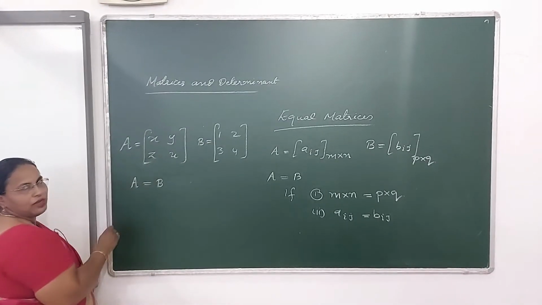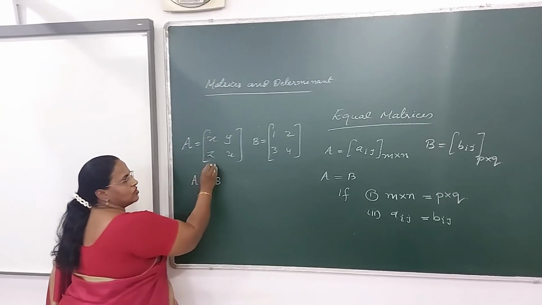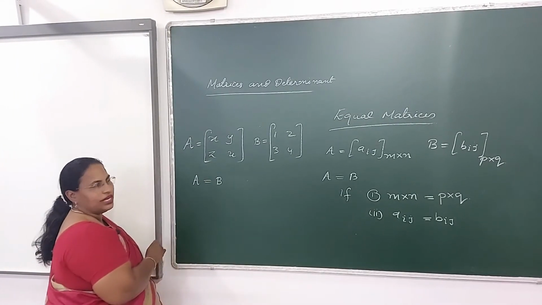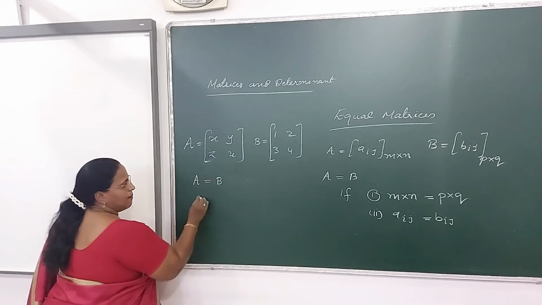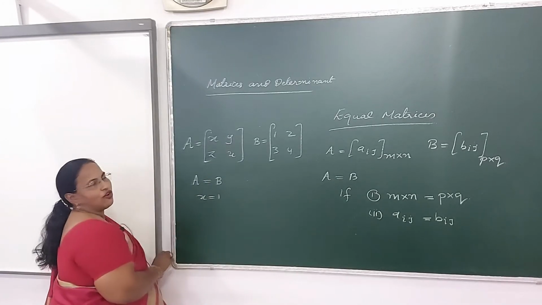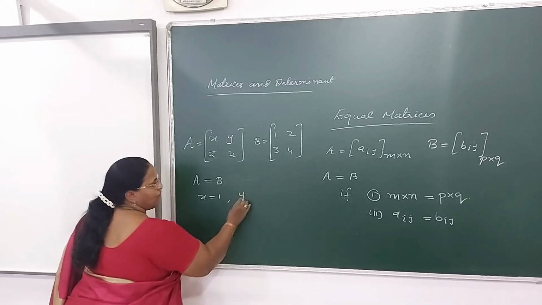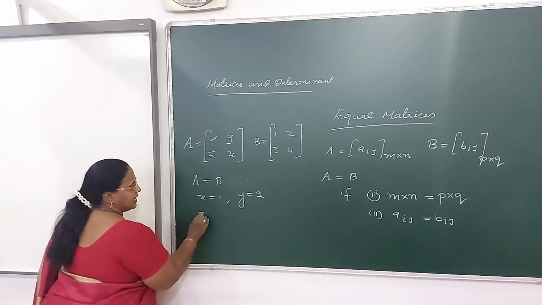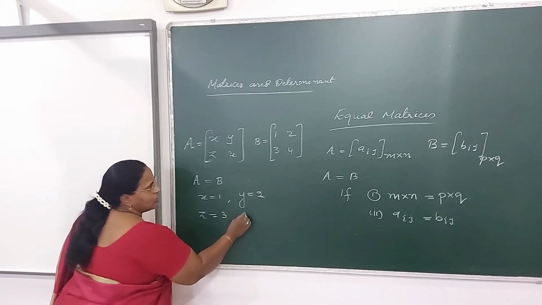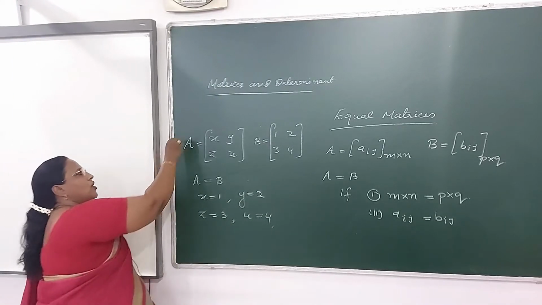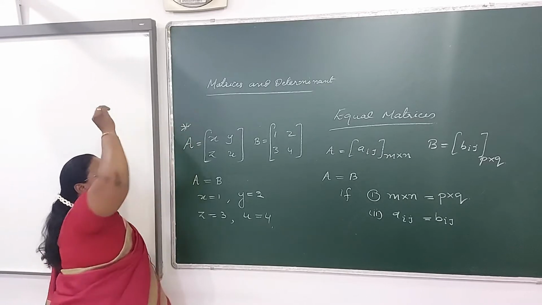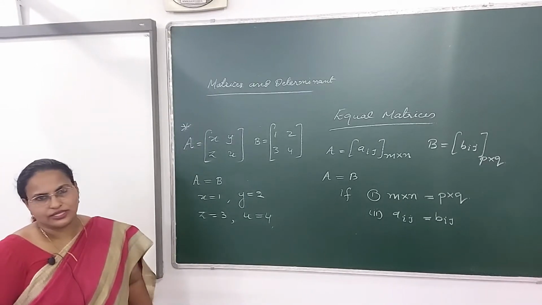So that means A and B both are comparable. Now since A is equal to B is given, you can compare the entries at the positions. So on comparing, you will get the value of x as 1, y as 2, z as 3 and u as 4.